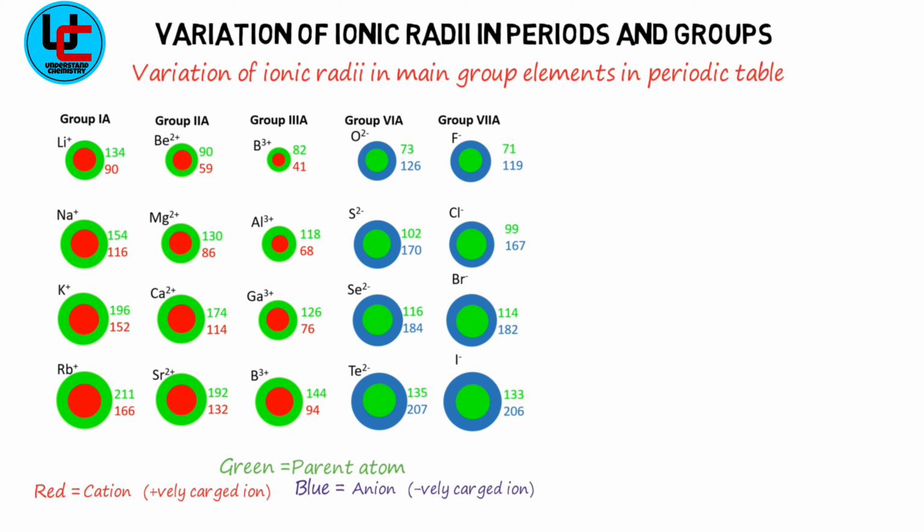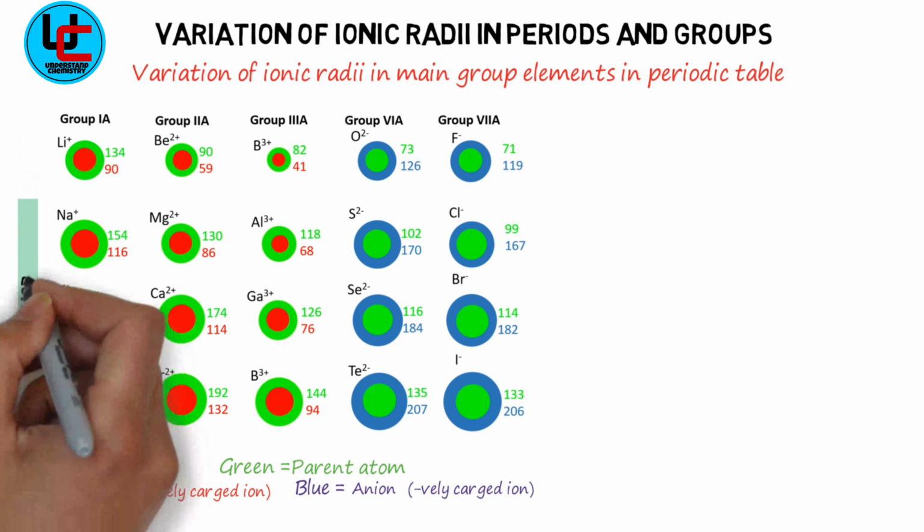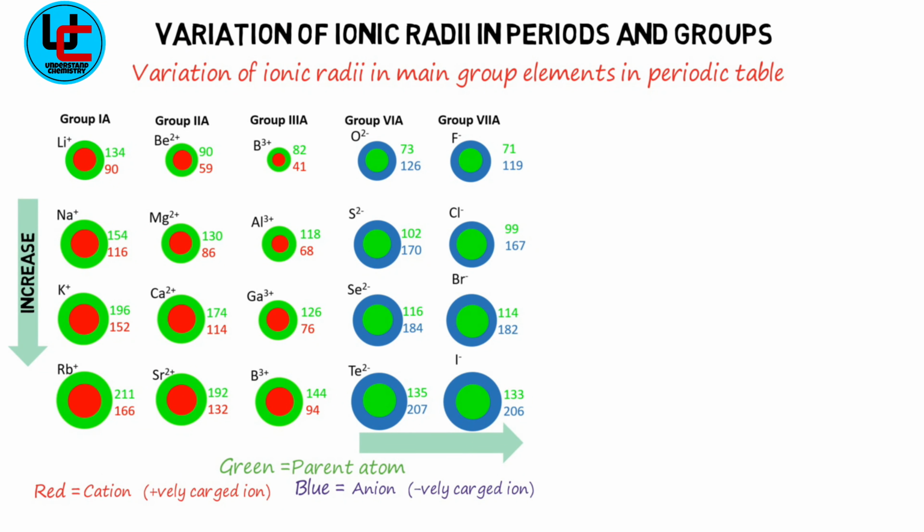In both cases, that is cation and anions, the ionic radius increases from top to bottom and decreases from left to right. The values of ionic radii and parent atoms are also given in front of each atom.